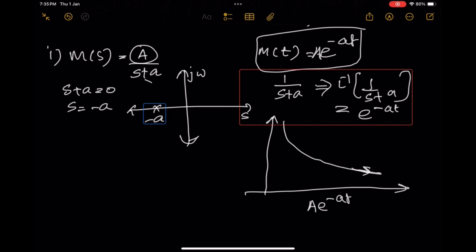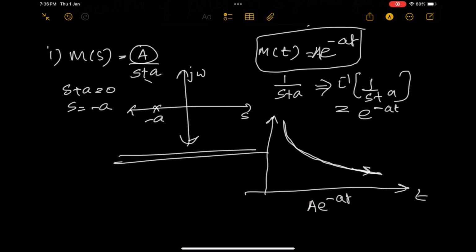From this graph we could say that it is exponentially decreasing as time increases. As time increases, the graph itself is decreasing, tending to 0 or some small value rather than going to infinity. So we could say that the system is stable. The main factor to represent a system as stable is that the pole should be on the left half of the S-plane.